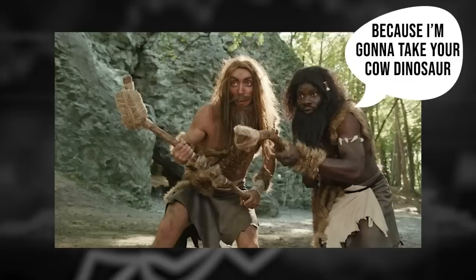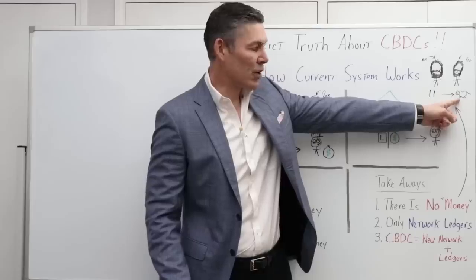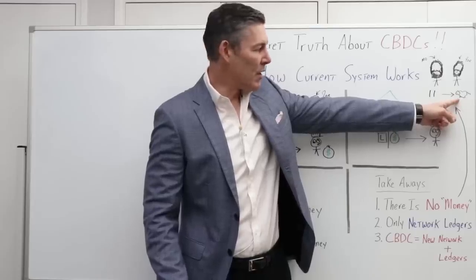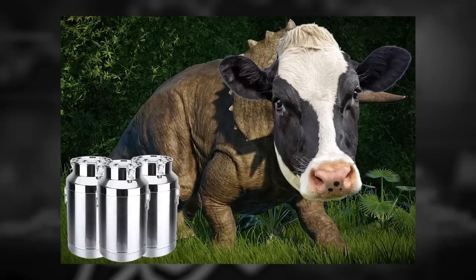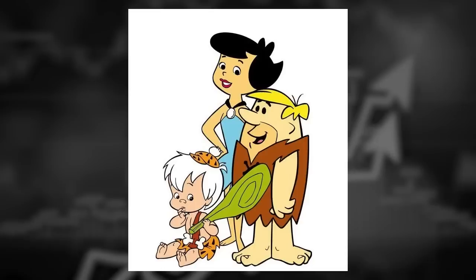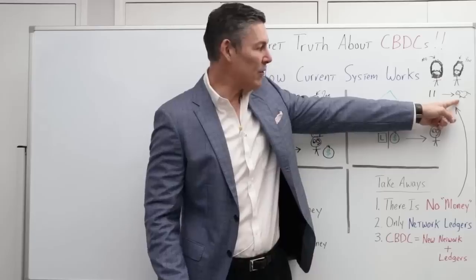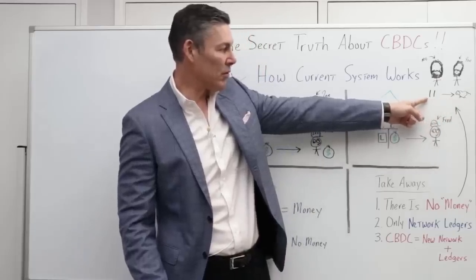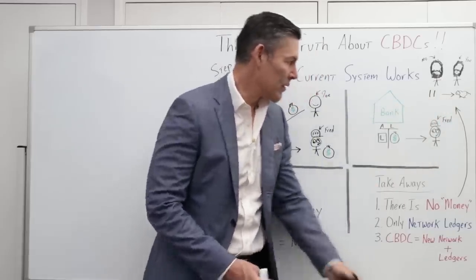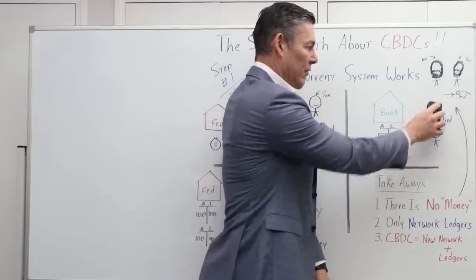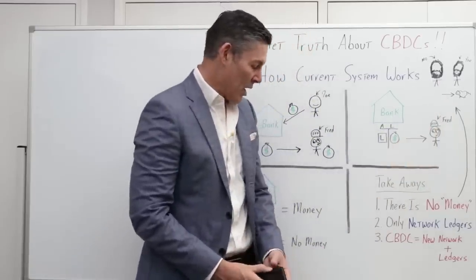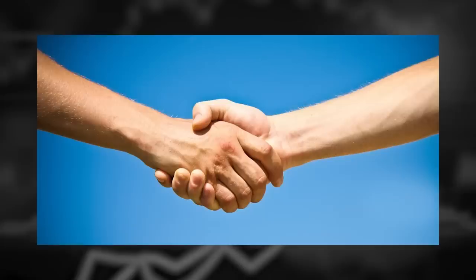Joe says, because I'm going to take your cow dinosaur, you're going to give it to me, and then I'm going to go ahead and give you milk that you need for your family. And when I give you a certain amount of milk, we're going to go ahead and delete the 2 credits that you have. We're going to erase them from the wall of the cave. And then we're going to be all square.